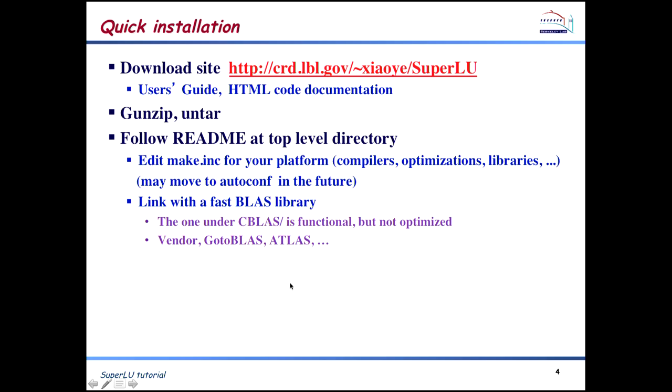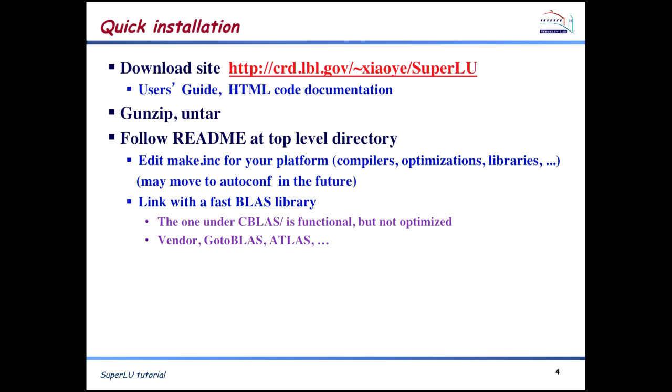Then performance-wise, the big thing we rely on is the BLAS library. For many people on their machine, they probably don't have a fast BLAS library. And in the SuperLU distribution, we have this CBLAS subdirectory, which you can compile to get a working version of the BLAS.